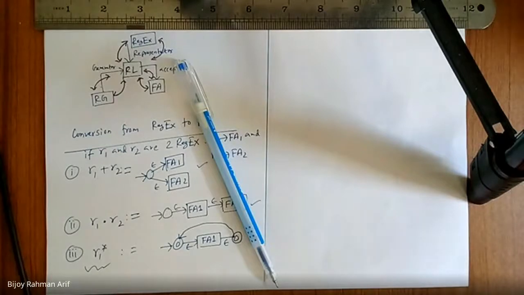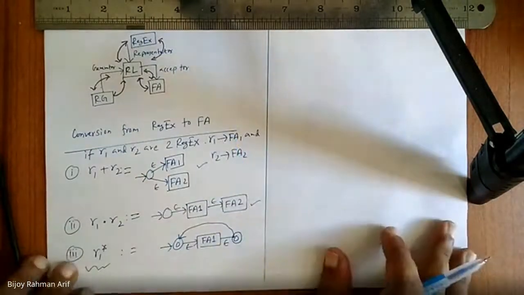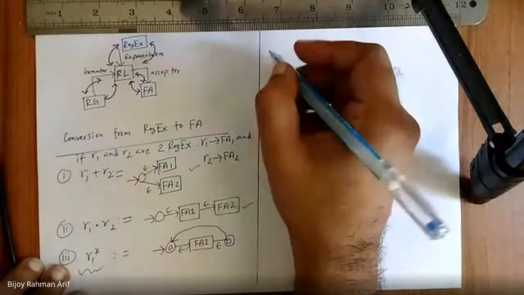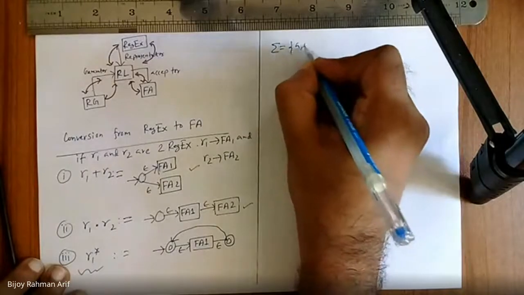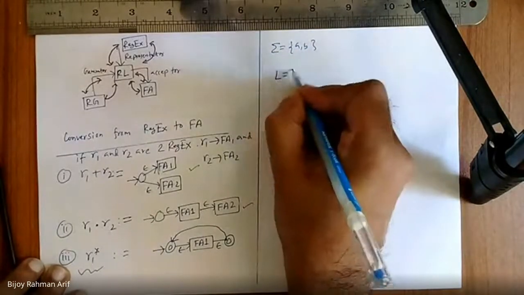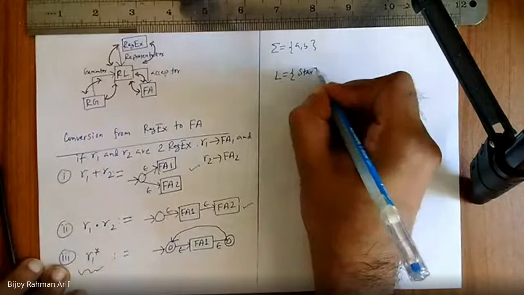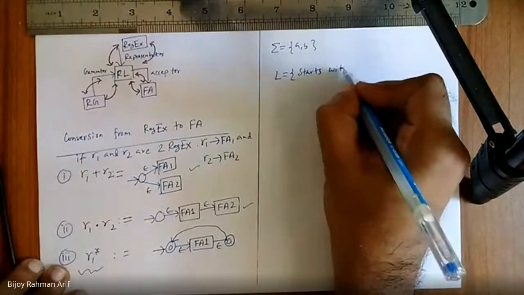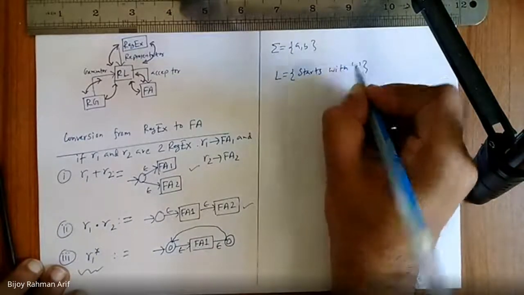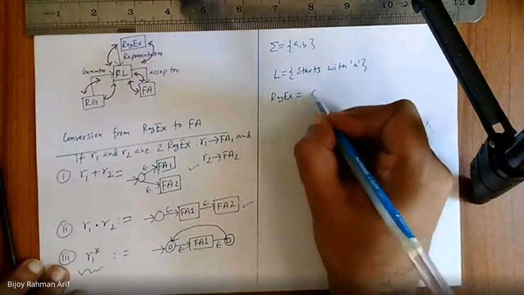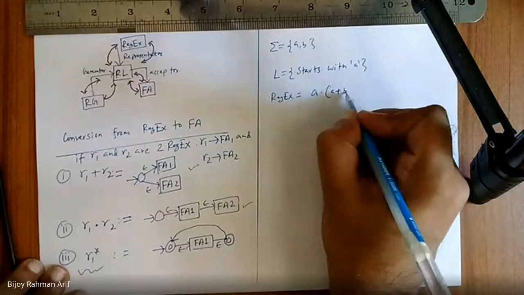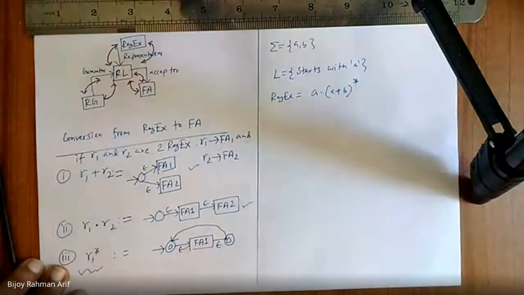Let's start with a simple one. Let's do this: starts with A. The regex for this is A union B star.